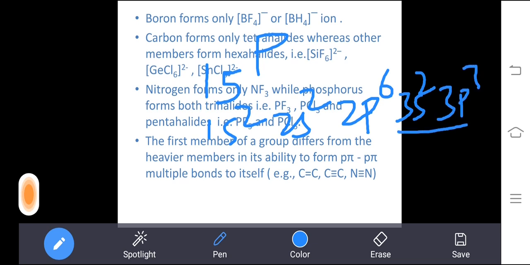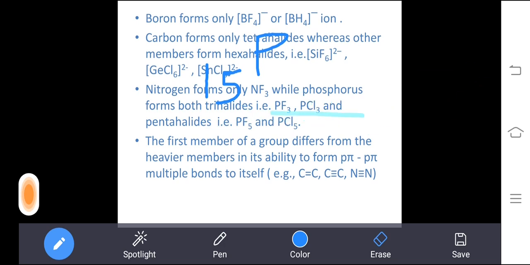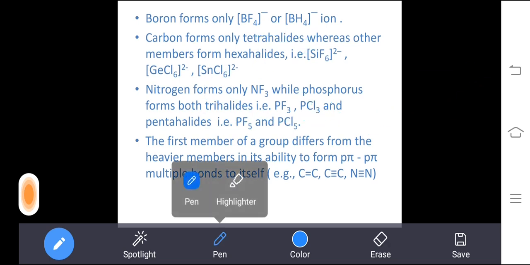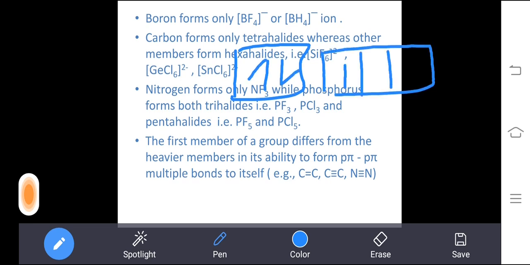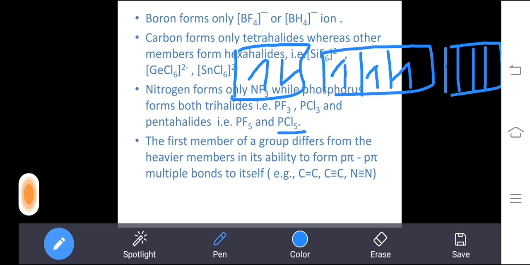If we take the outermost orbitals 3s2 and 3p3, and for chlorine, 5 chlorines are there, so it wants to coordinate to 5. But here in phosphorus there is the d orbital. With the availability of the d orbital, the electron in the excited state will be transferred to the d.